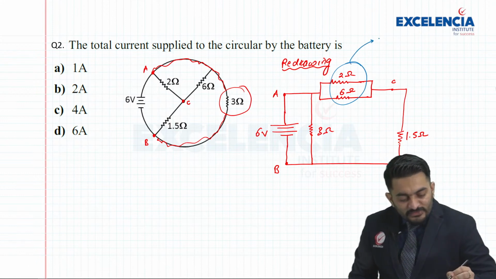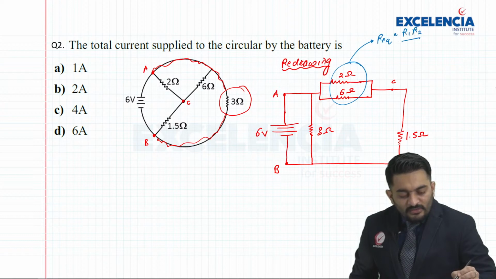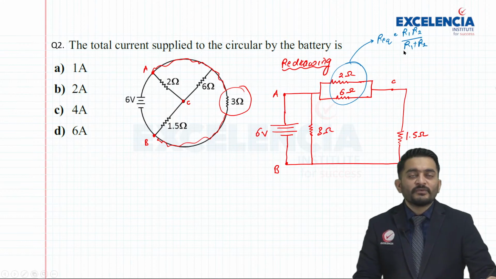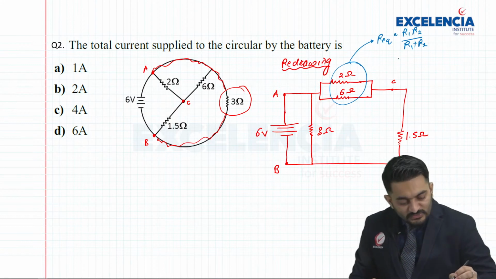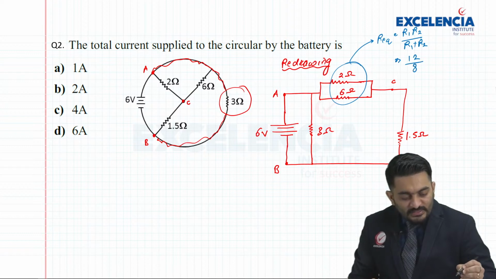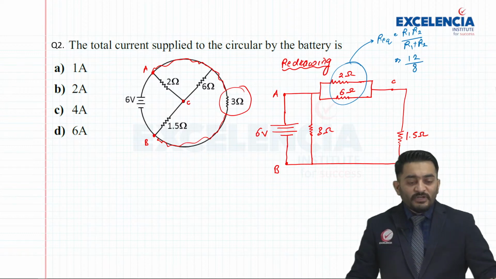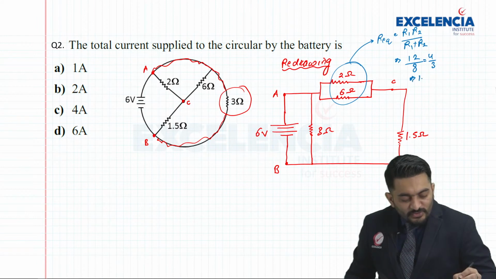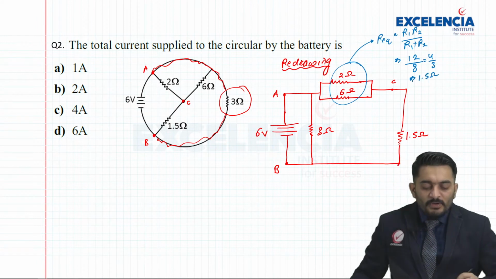And for parallel, we usually go with the formula that R equivalent is the product of two resistances divided by the addition of two resistances. So 6 into 2 is 12, and this is 8. And 12 by 8, if you solve it, gives you 1.5 ohm.